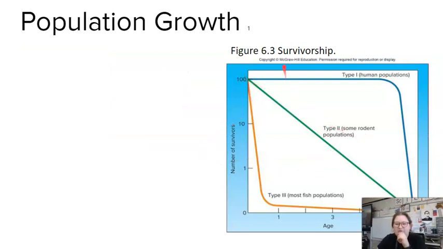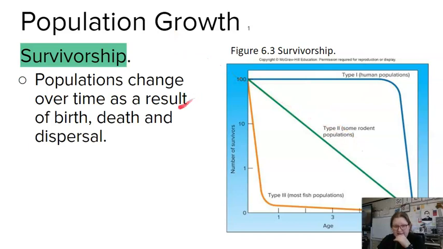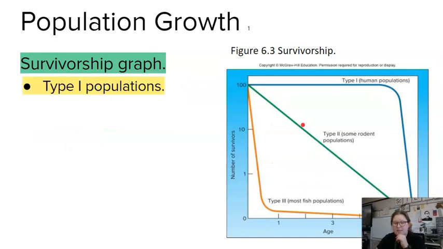All right, so this is a survivorship curve. We talk about these when we talk about population growth because it's important to see how populations change over time as a result of birth, death, and dispersal. There are 3 different curves that we can see. The first is type 1. Type 1 populations are going to be things like humans.